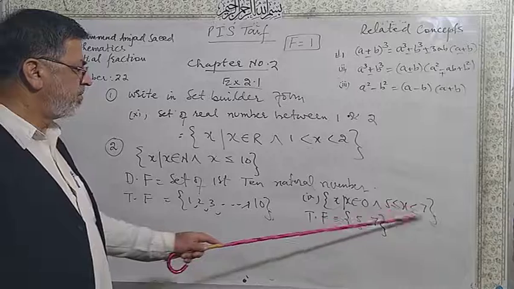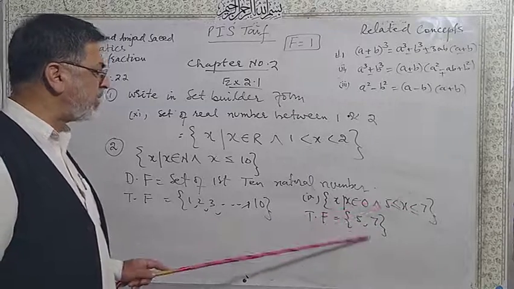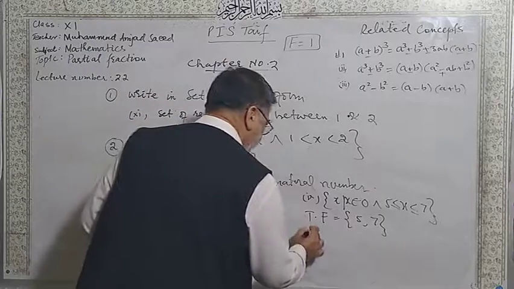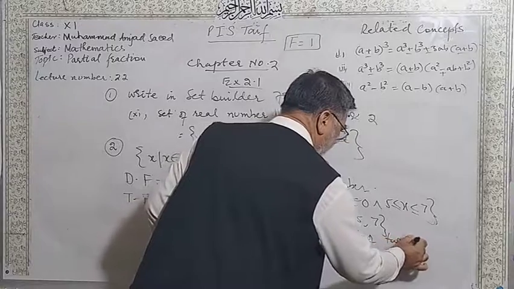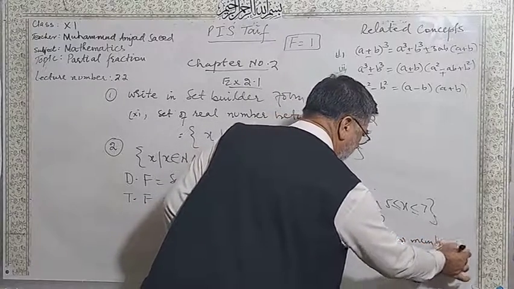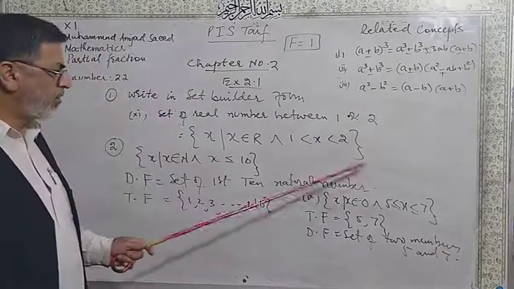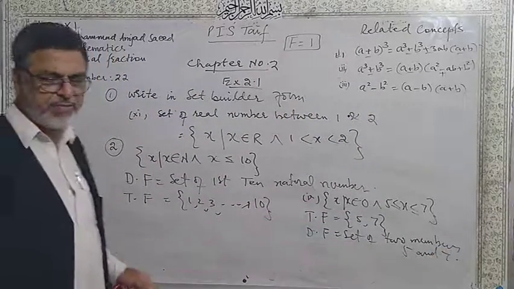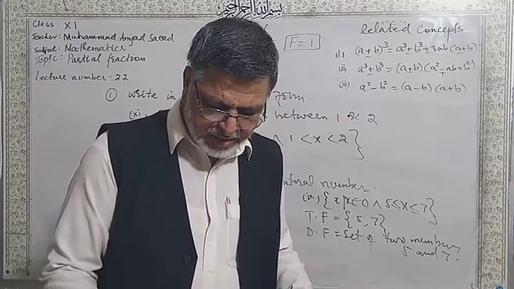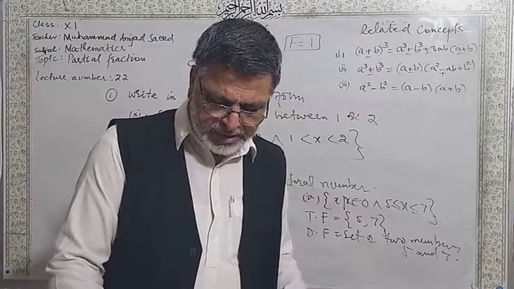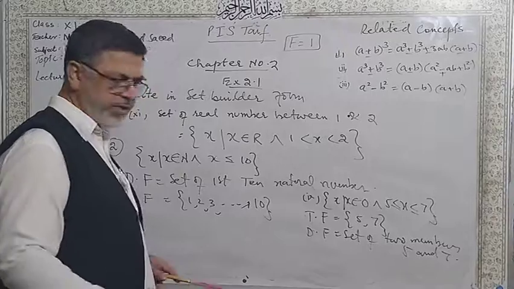Because this is O, the set of odd numbers, 6 will not be included. And descriptive form is the set of 2 members, 5 and 7. So this is the way how to write down tabular form and descriptive form. Similarly, you can do the other parts in the same way.